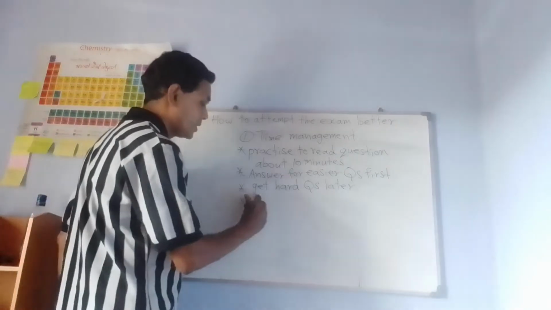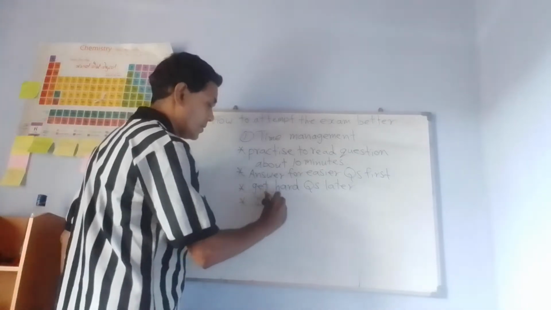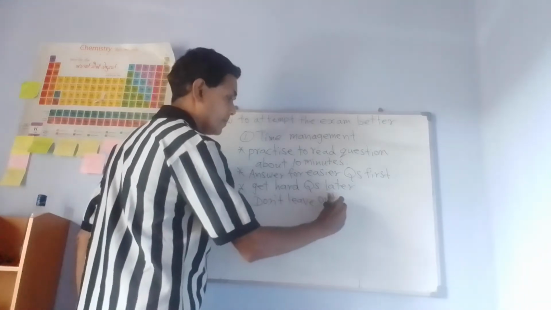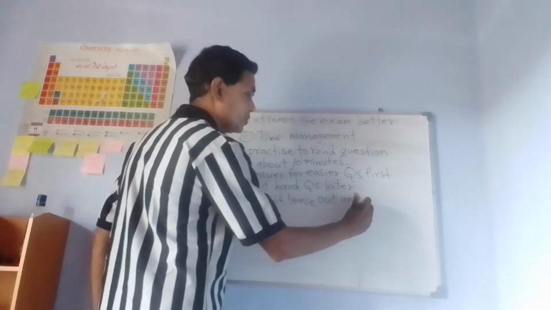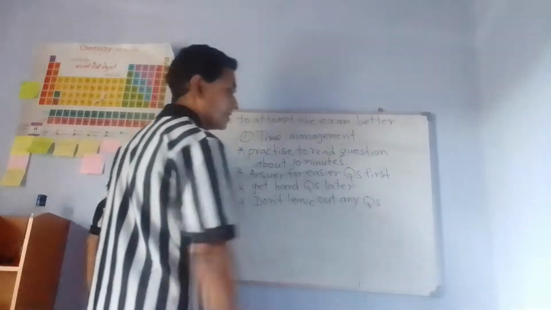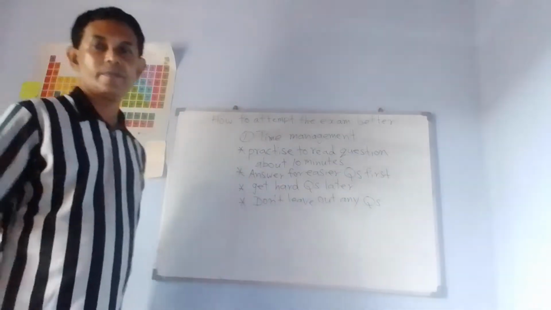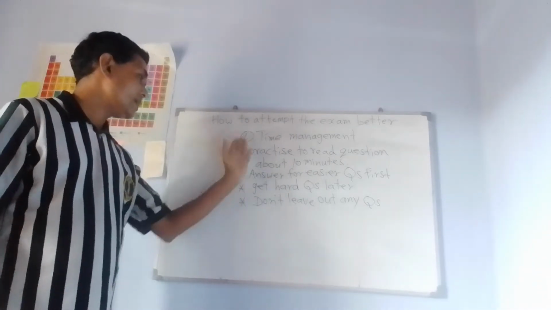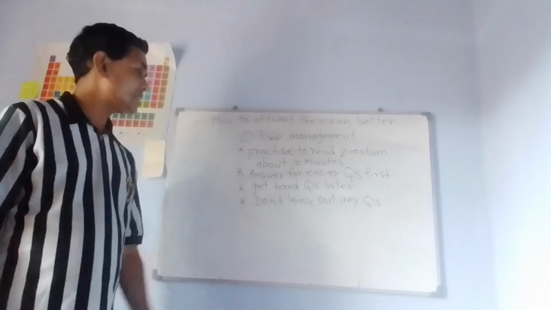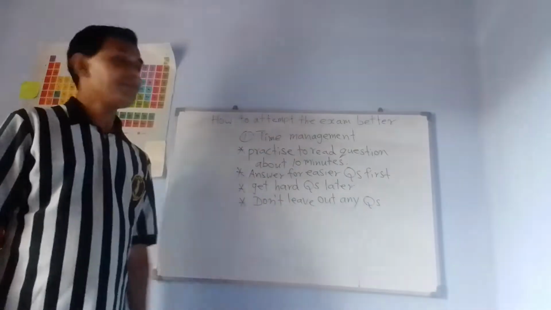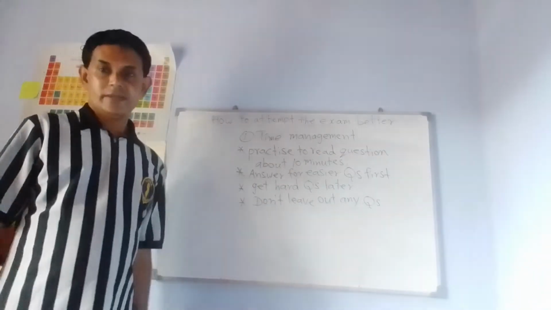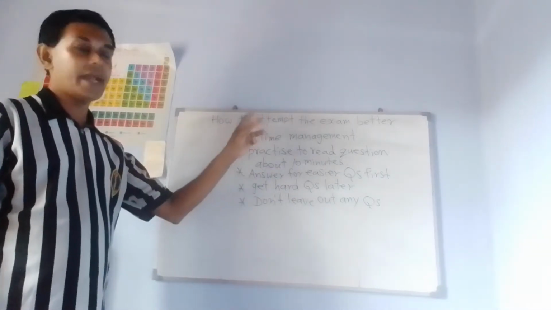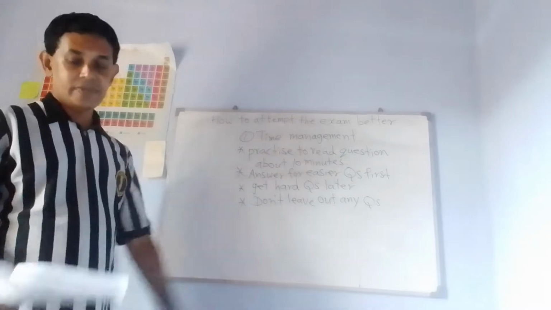Don't leave out any cues. These are the four important factors that we must train them in under time management. Time management is very important, the basic need, and we have to follow all these things.